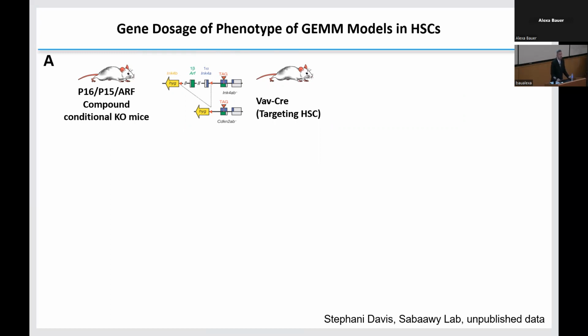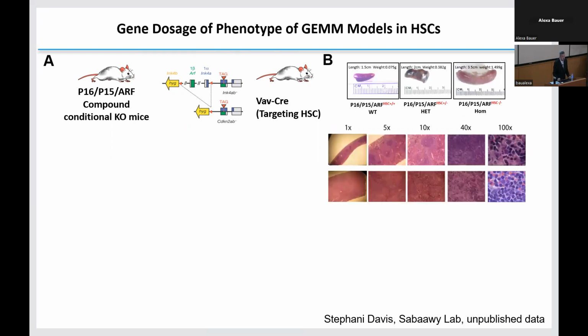And this is work I hope to collaborate with the hematology group here on looking more into the phenotypes of these models. But initially, we do see that they have developed a gene dose dependent effect, and they have a lymphoma phenotype when we drive the loss of tumor suppressors with the Vav-Cre that drives to the hematopoietic stem cells.